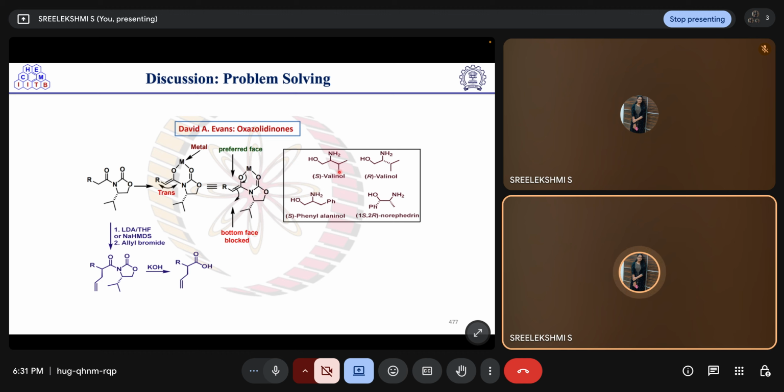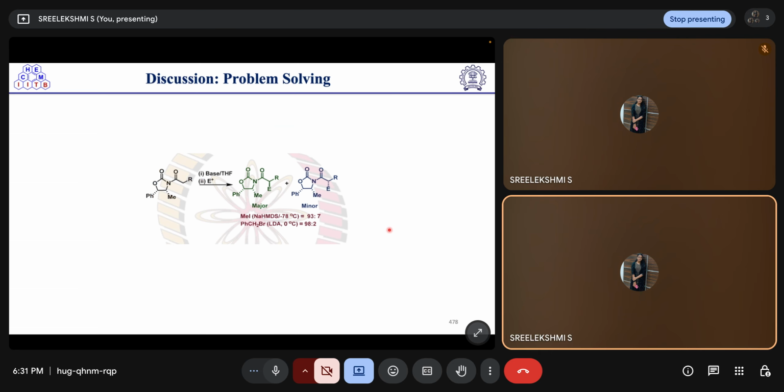So these are different compounds from which we can prepare these oxazolidinones, that is S-valinol, R-valinol, S-phenylalanine, 1S,2R-norephedrine. Now if we see this one, if we are treating this with base, it will abstract a proton from here. But here, as we know, when we quench with an electrophile, which face will it come from?